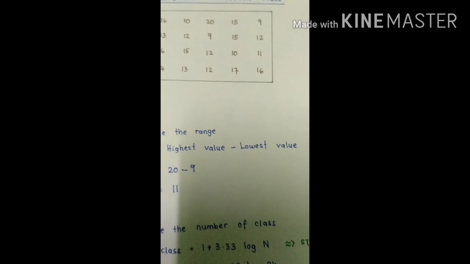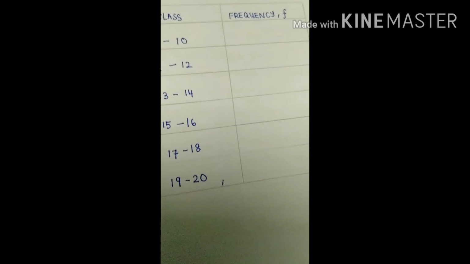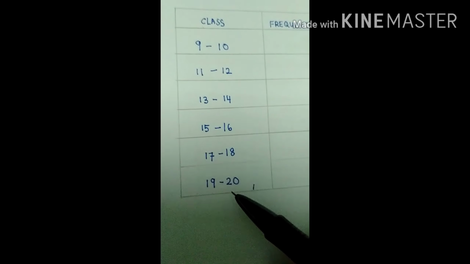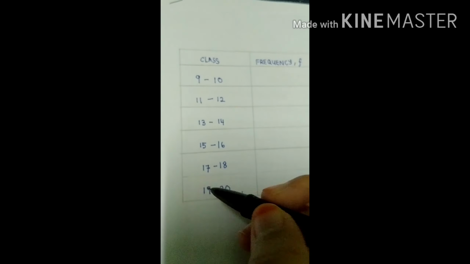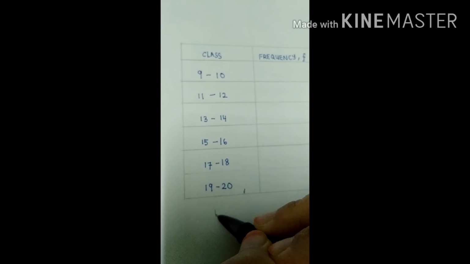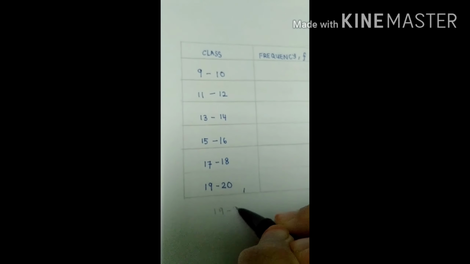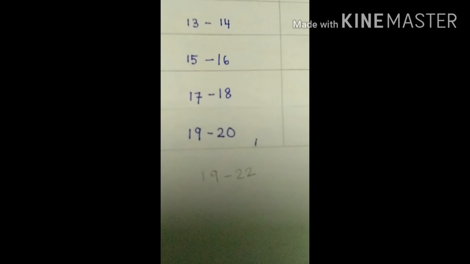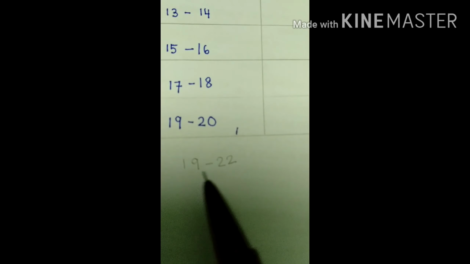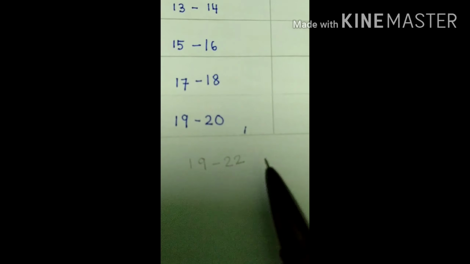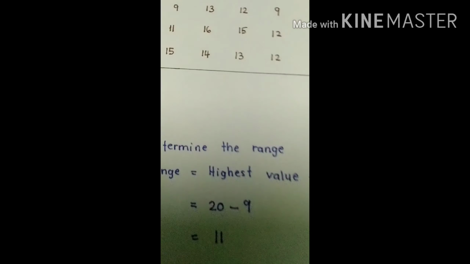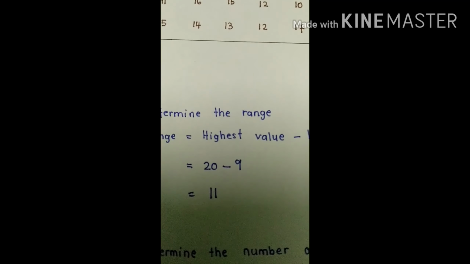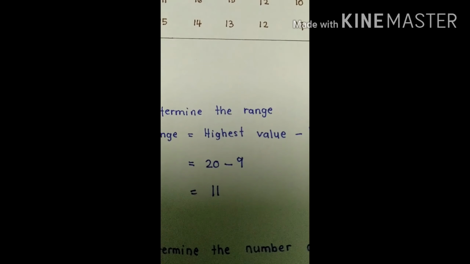For example, if our last class is 19 until 22, and our highest value is 20, it's okay, no problem.